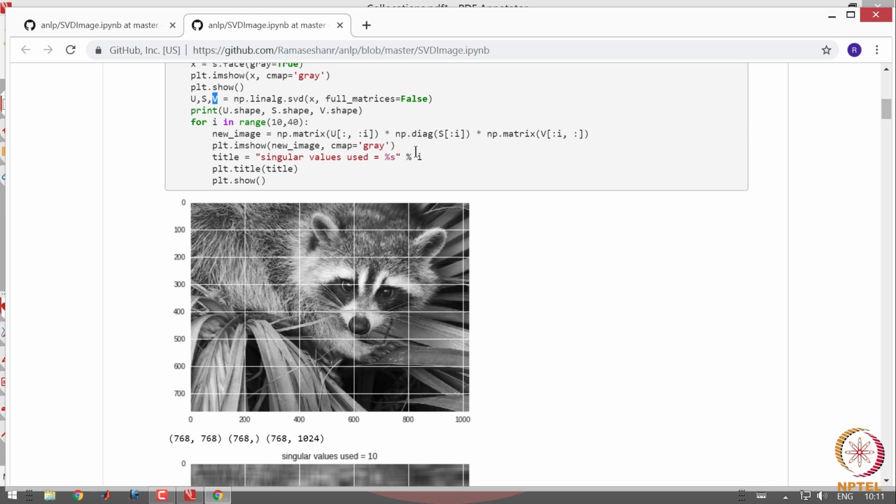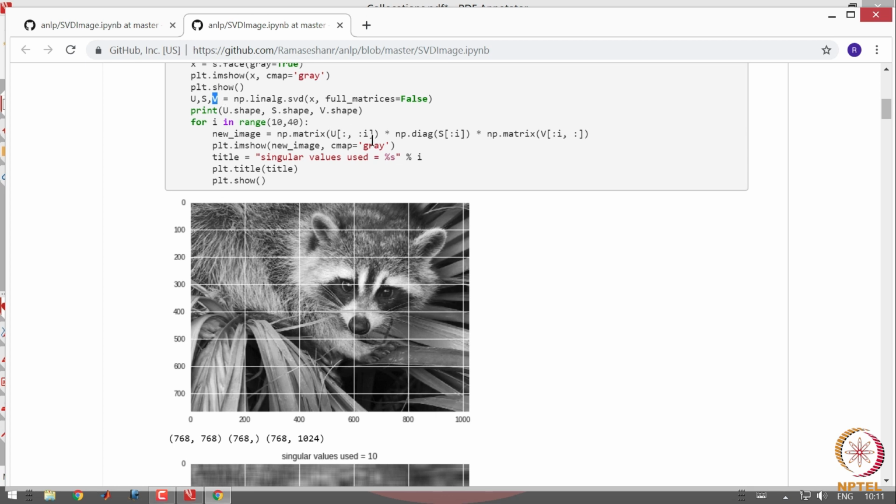That means I have to take only the 10 columns of the left singular vector and 10 rows of the right singular vector. Okay. So, when you take those and appropriately shape them, you reconstruct the image back. As I mentioned earlier, the multiplication of the matrices U, S and V gives you back the original image.